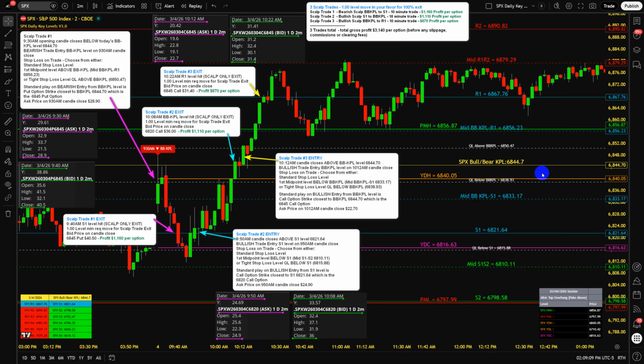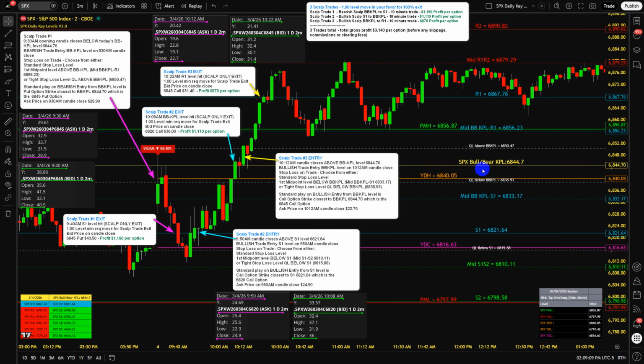So with the start of the session, you typically want to go over to your right price axis, and you want to zoom out and expand your chart by left-clicking and holding, and then moving up your chart so that you're zoomed out and have an expanded, more granular view of, say, R2 through S2, at least for the beginning of the session, because most of your initial trades are going to be based off of the bull bear key price level, and basically from R2 to S2.